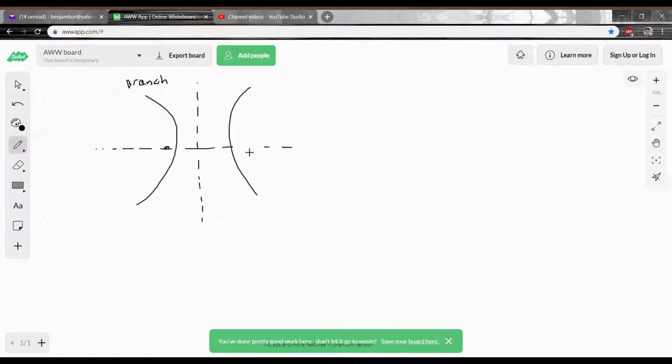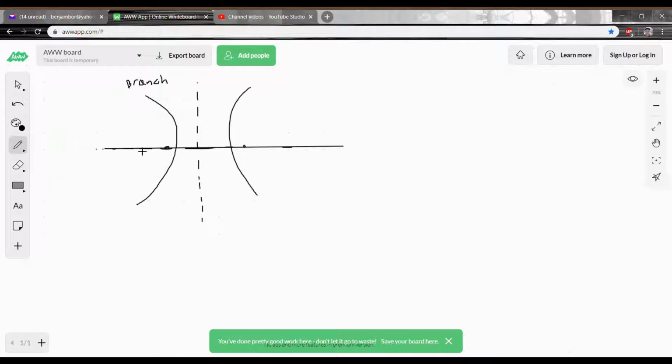And they have two focus points that are also going to be an equal distance away from the center. Through these two foci, we are going to have something called the transverse axis pass through. The transverse axis, in this case, is the x-axis, but it's just a straight line that connects the two.